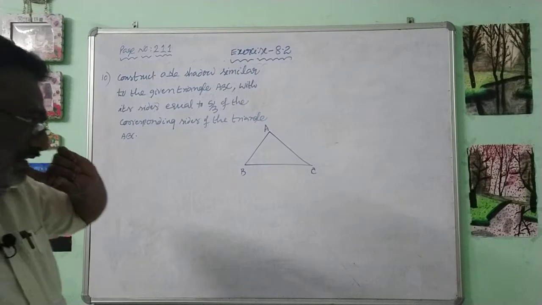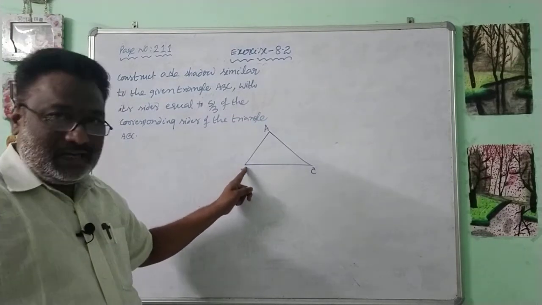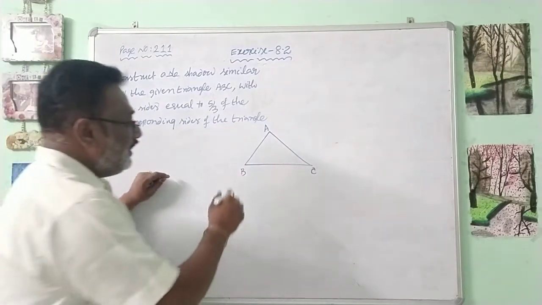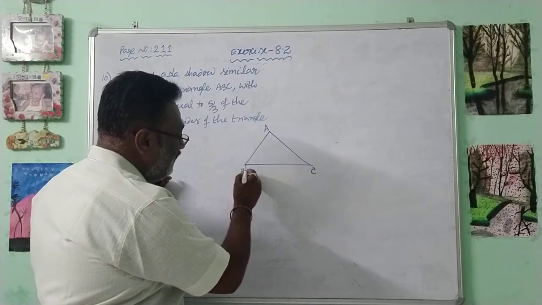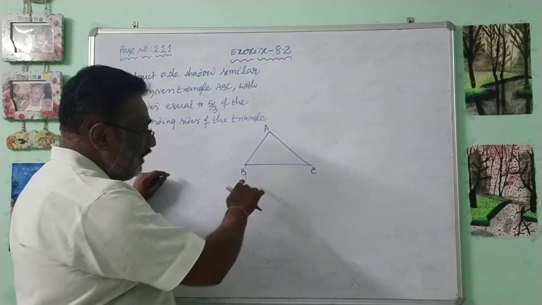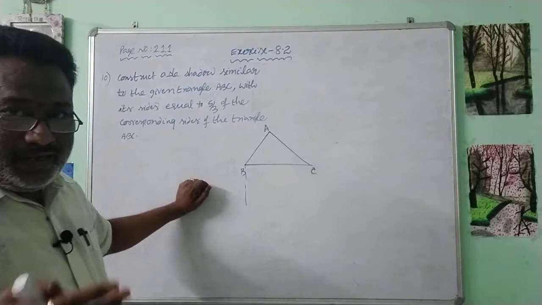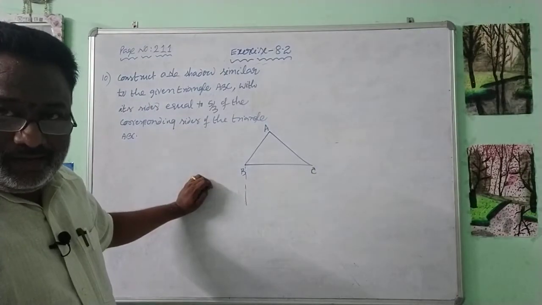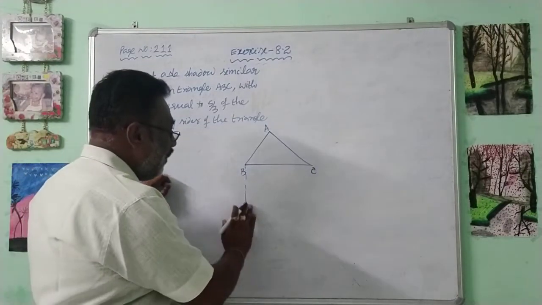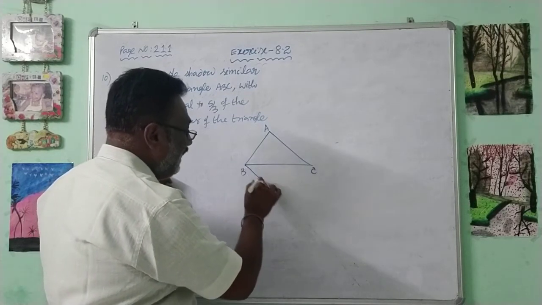After taking that triangle ABC, we need to take an acute angle at B. So actually this is having a right angle at B. Between these two rays or line segments, if you take one more ray, that can have an acute angle, that means less than 90 degrees of angle you may get.